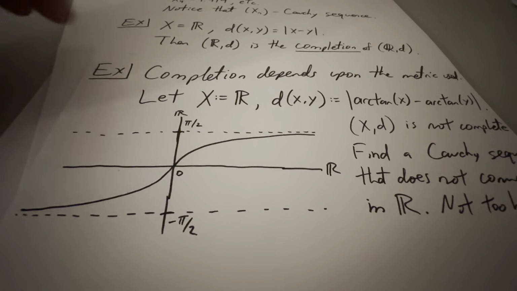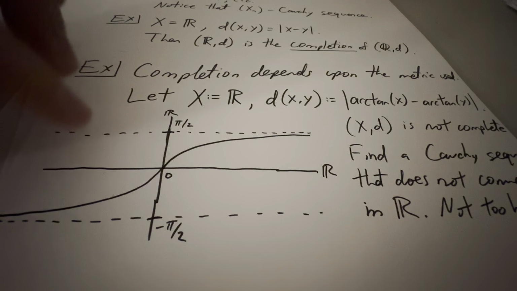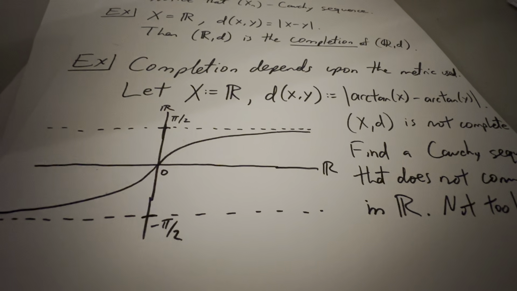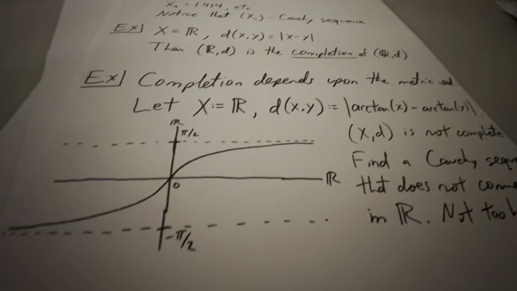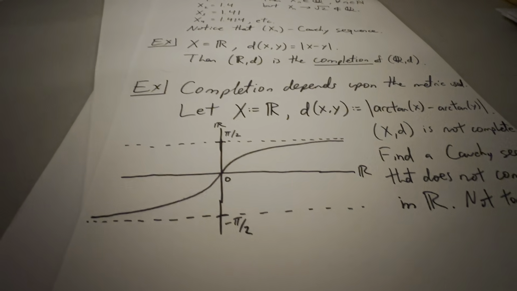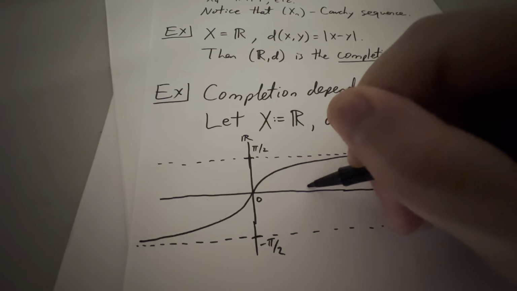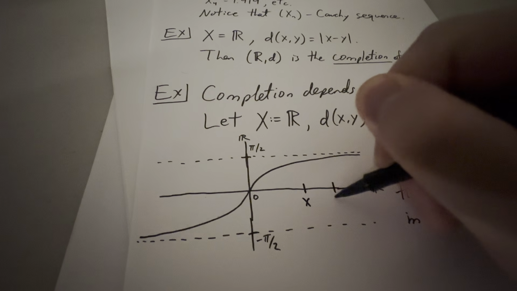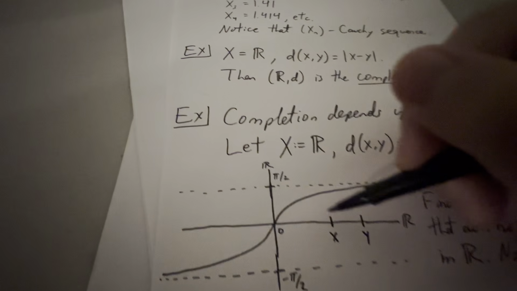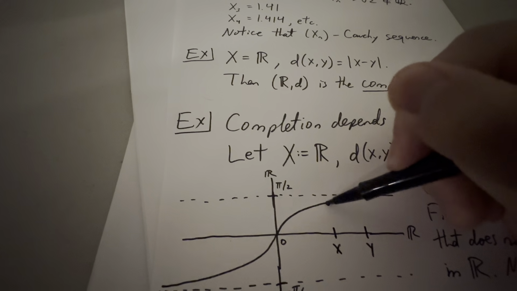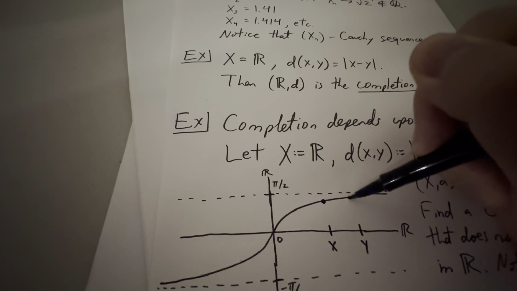The way I do it, or at least try to visualize it, is that I draw the graph of arctangent. If I want to measure the distance between two real numbers, here you have X, and here you have Y, and you go up to the graph. Here's my point. Here's my point.